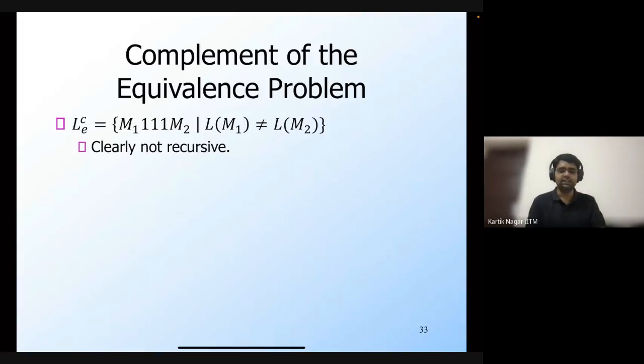So we can ask the same question, that is, is it semi-decidable? Is the complement of the equivalence problem recursively enumerable? It so happens that for a restricted class of M1 and M2, this problem is recursively enumerable.